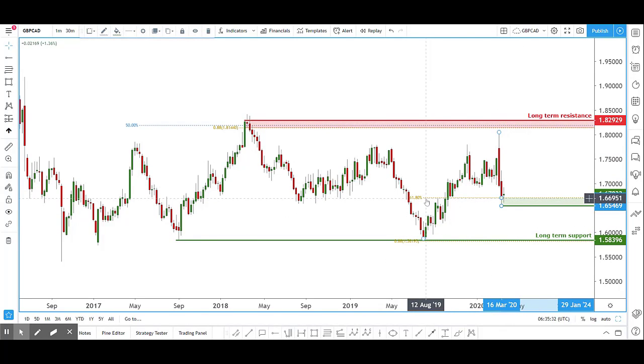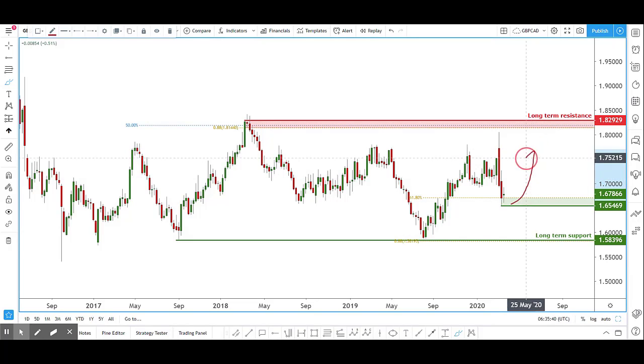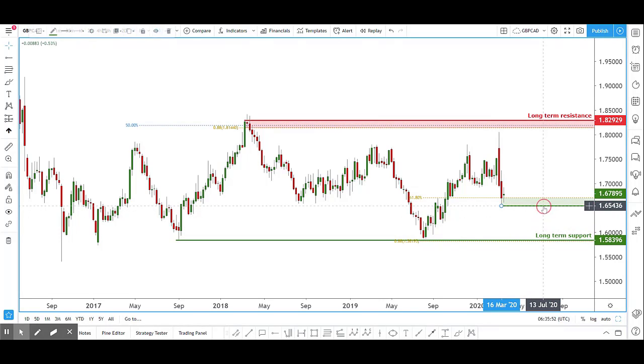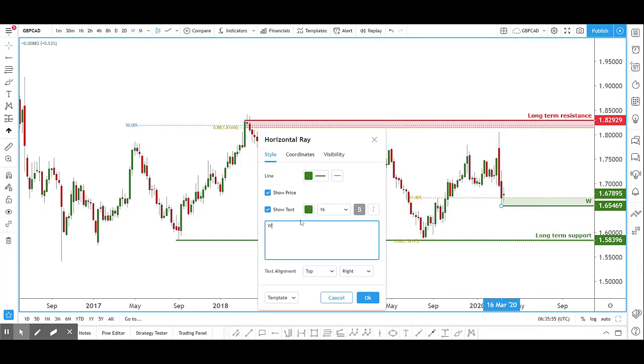Now 61.8 is a key Fibonacci retracement level. It could be possible that price could make a push up from this level, but we've yet to confirm that. Now that we're on a weekly time frame, we will have to go down to the lower time frame to confirm our bias. So let me label this as the weekly support.